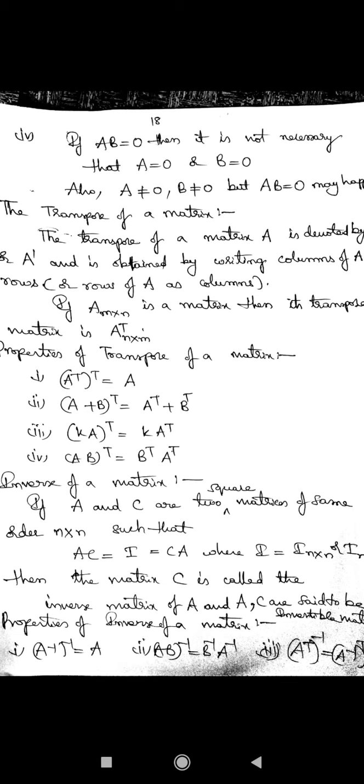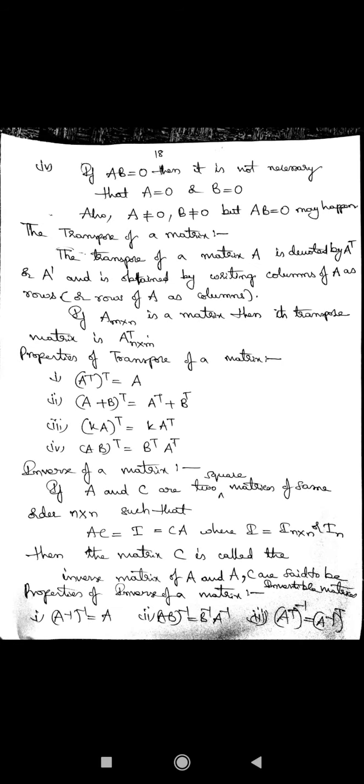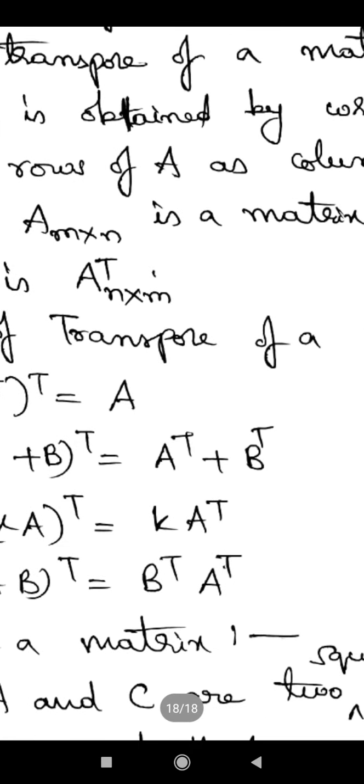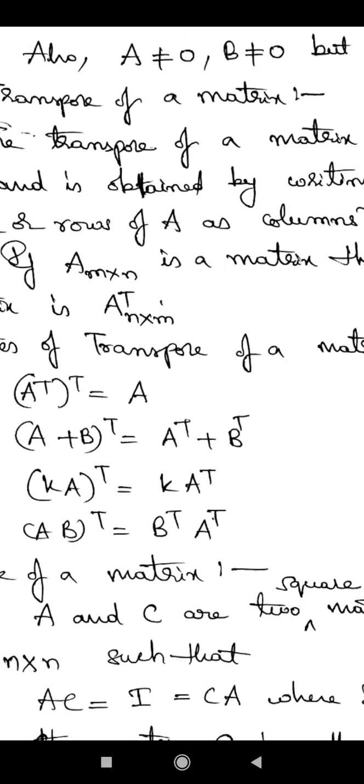So when we change the rows of a given matrix A into columns, the obtained matrix is called the transpose of matrix A. If A is a matrix of order M by N, then its transpose A power T will be of order N by M.